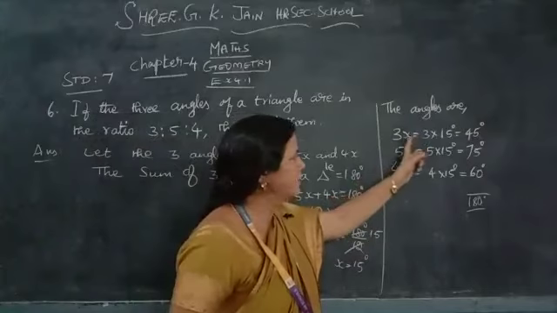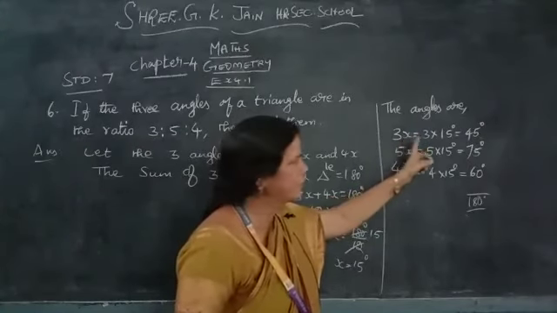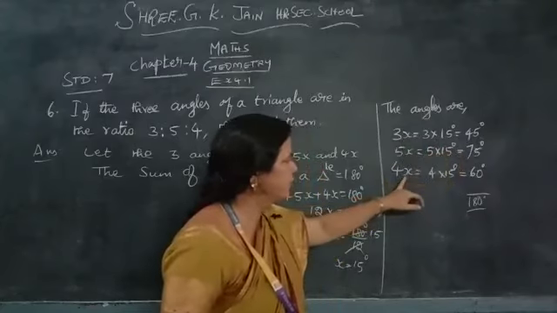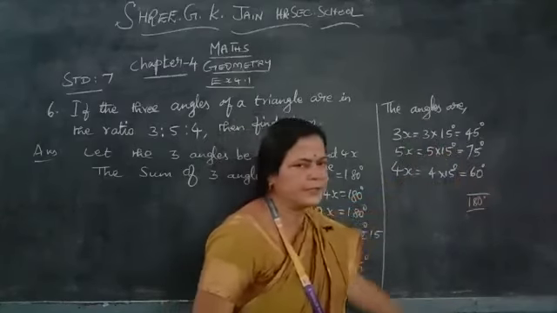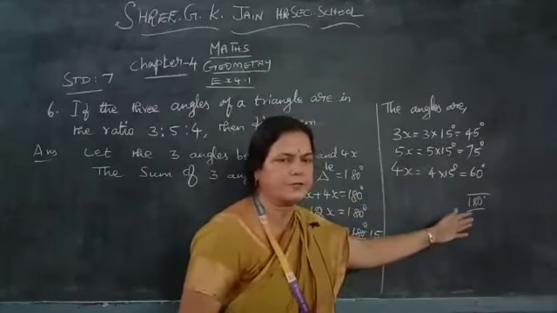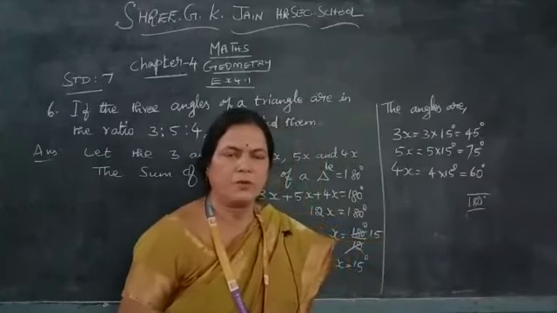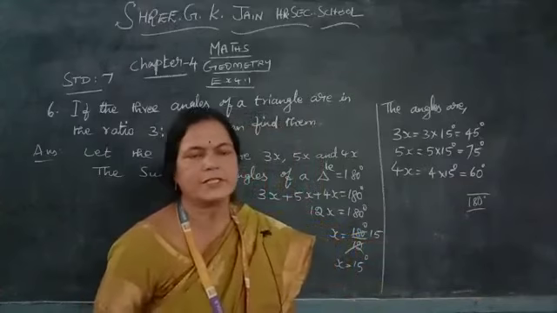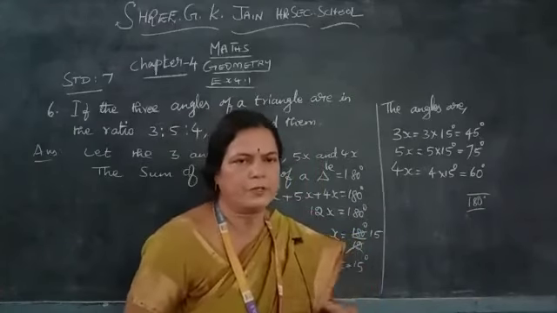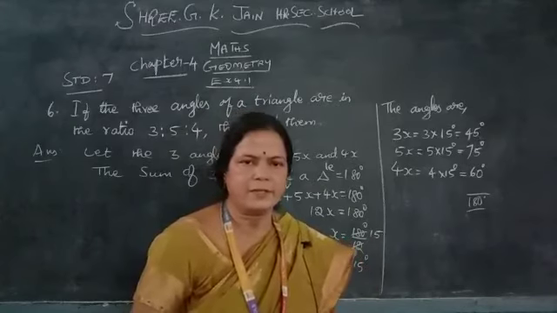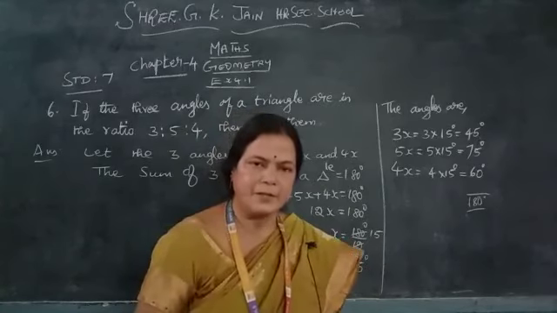So the angles are: first angle 3x, 3 into 15 gives 45, 5 into 15 gives 75 and 4 into 15 gives 60. And you can check yourself; if the total is 180 degrees, then it is correct. Okay, I think now you understand how to use the angle sum property of the triangle and solve, isn't it? Thank you.